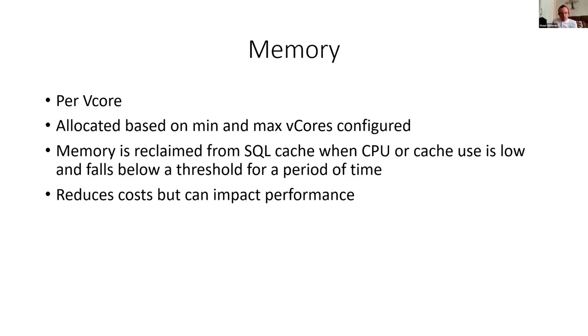And if it's not using it, why are you paying for it? So Microsoft wants to reclaim that memory back so that it can pass those cost savings on. The positive side of that is it saves you money. The bad thing about that is it can impact performance. And if you've got a workload that is particularly sensitive to memory changes, then that workload is probably not a good fit for serverless.